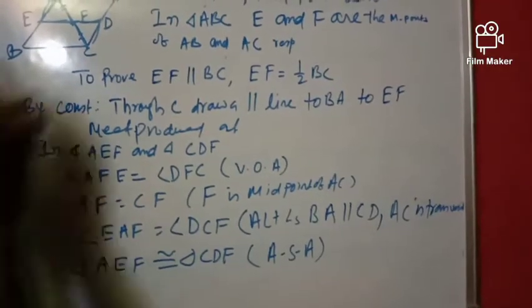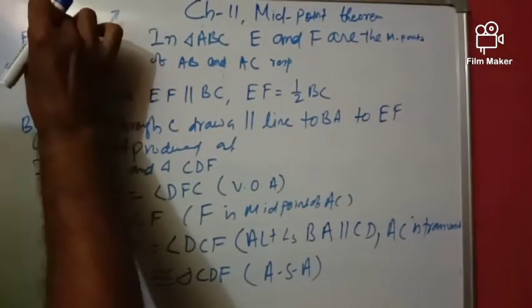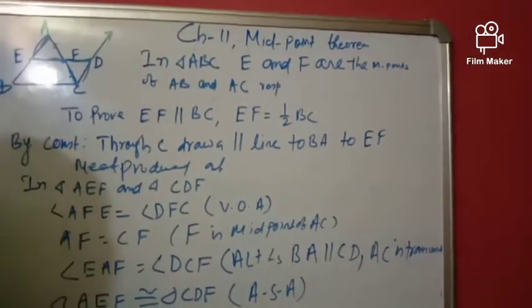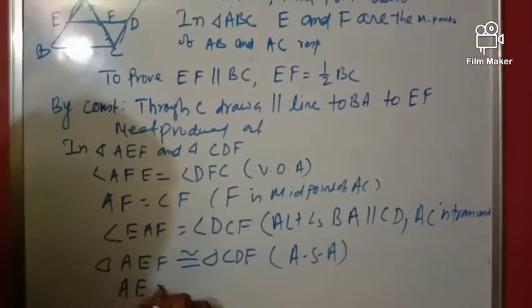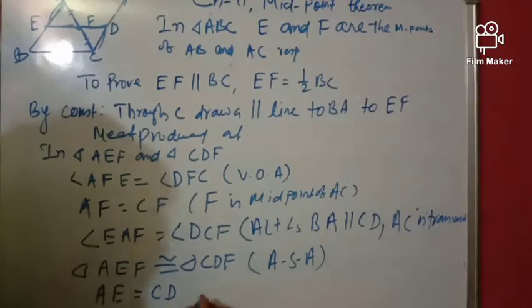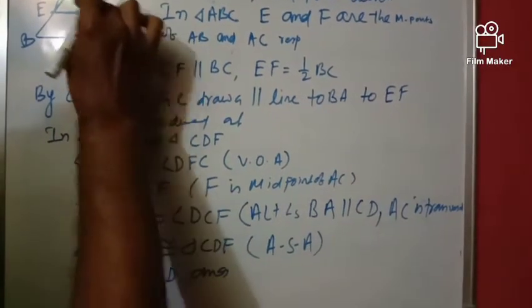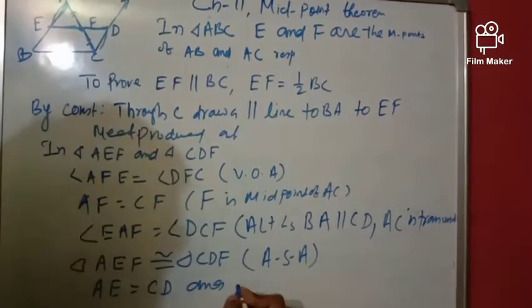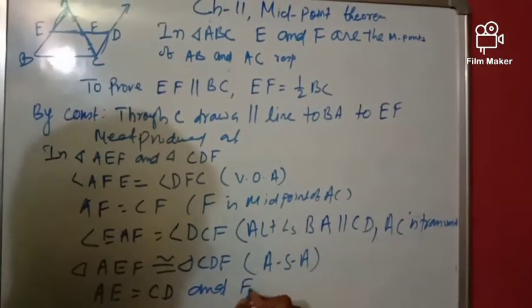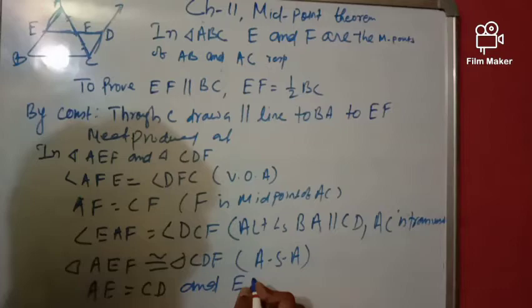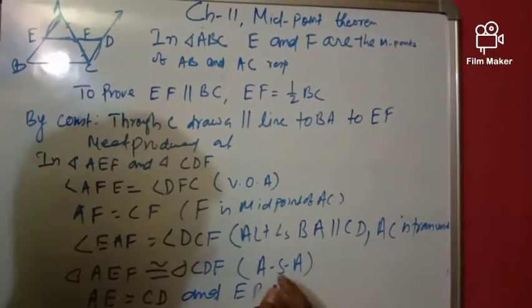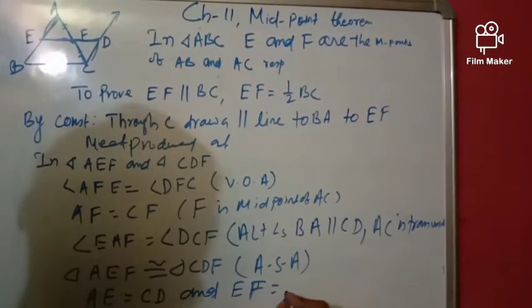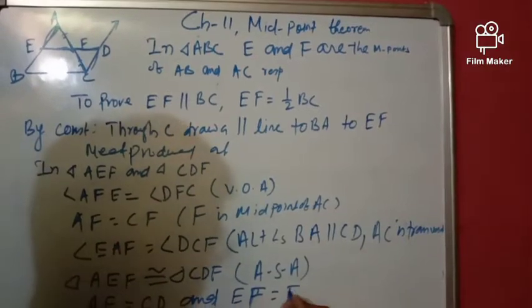If they are congruent, then AE equal to CD, and EF equal to FD.